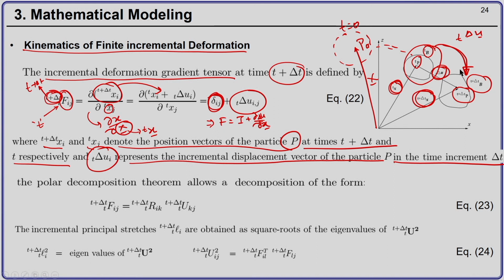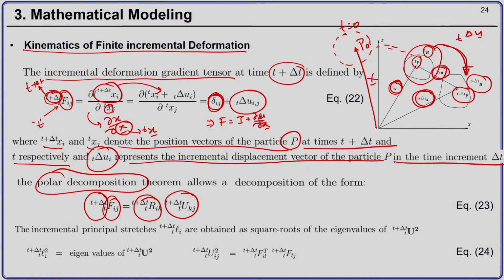Now, using the polar decomposition theorem, the right polar decomposition theorem states that F can be decomposed into an orthogonal tensor R and a symmetric tensor U, where U is also called the right stretch tensor. So, F can be written as R into U. The only thing to notice is that there are subscripts and superscripts t and t plus delta t, which signify that we are trying to find quantities from t to t plus delta t.